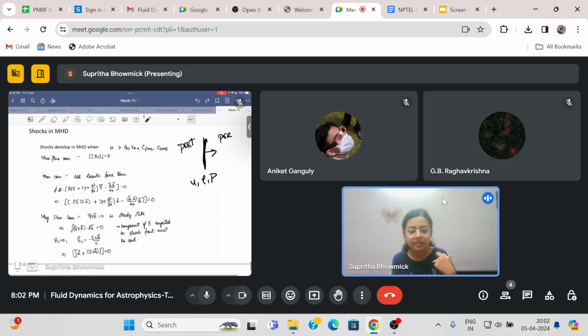and then you also had an energy conservation equation. What you'll also have to keep in mind is the fact that divergence of B is zero. You'll have to impose this condition. What does that mean for the magnetic field across the shock front? It means that if you integrate this across a very small volume element which passes through the shock front, the divergence of B integrated gives you the B dotted with the area vector, which is the B perpendicular to the shock, or rather parallel to the shock normal.